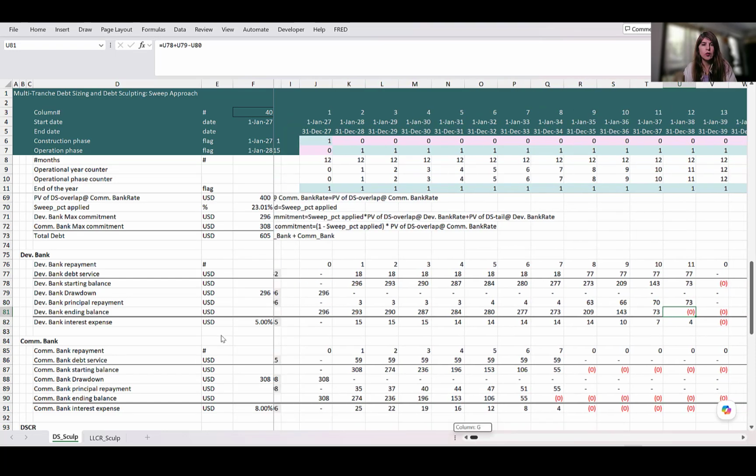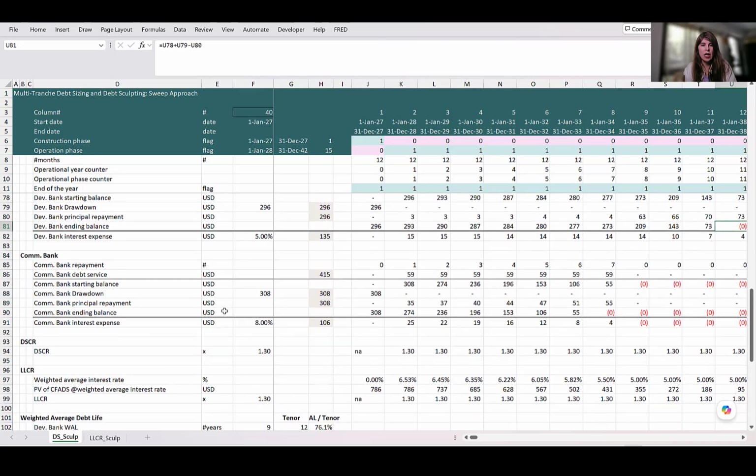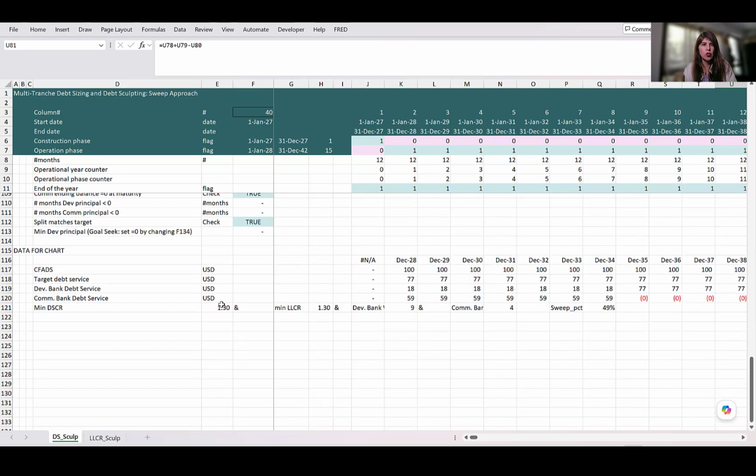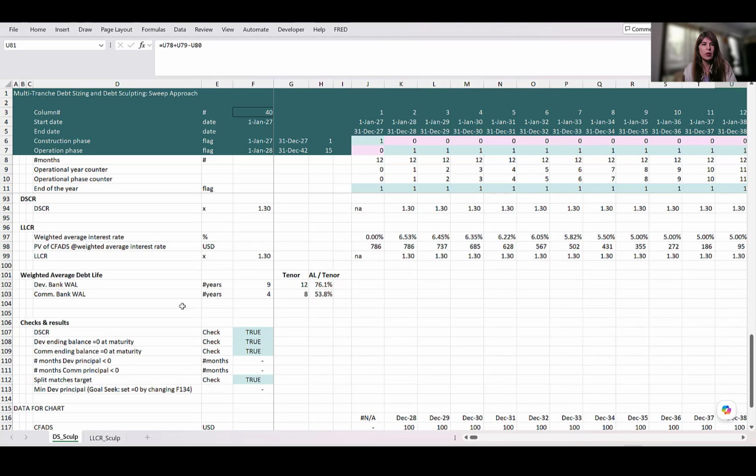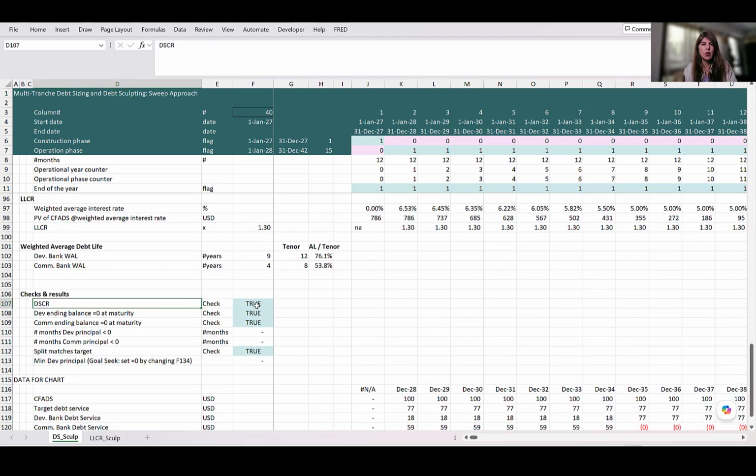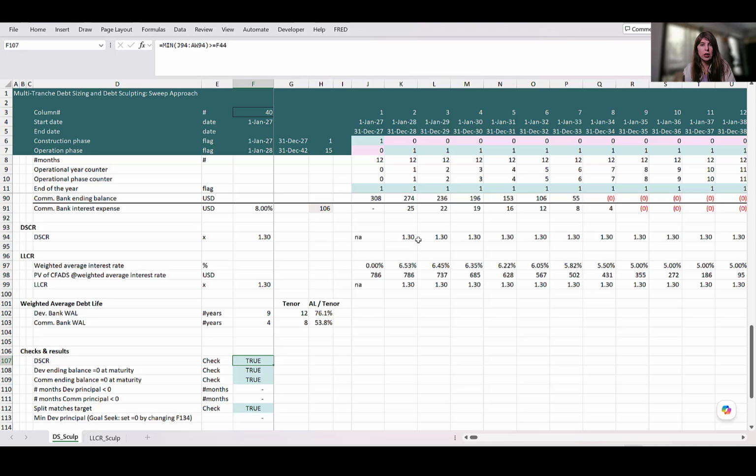And we can also put different checks in the model to make sure that the DSCR is equal or greater than the minimum DSCR imposed by lenders, which is the case because we sized the debt based on 1.3 and we sculpted as well based on 1.3. We make sure that the ending balance of both tranches is equal to 0, which is the case here.